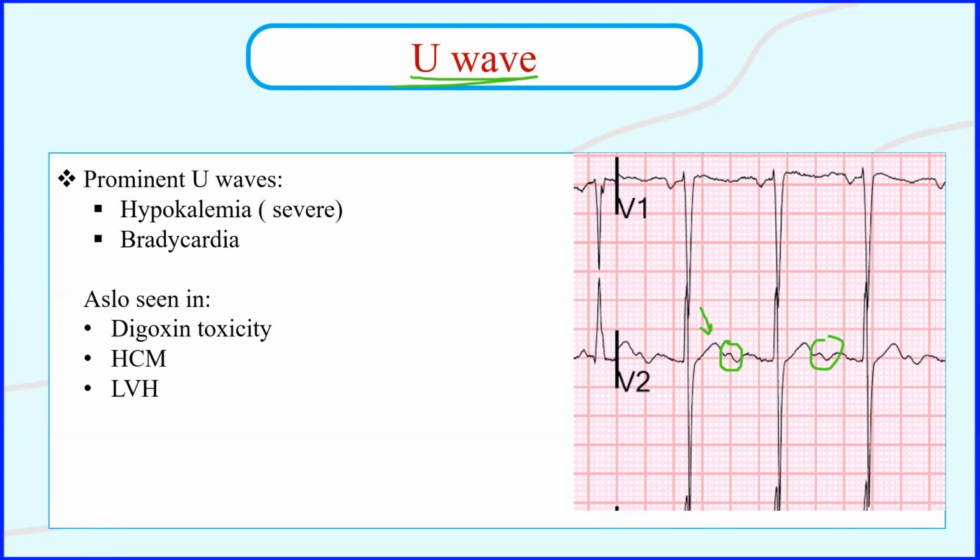And this will cause a prominent U wave as well. And just remember that many of the conditions that cause prominent U waves also cause a long QT interval. Remember hypokalemia and bradycardia, both of them are associated with a long QT interval. And we will talk about the long QT interval in a different video.